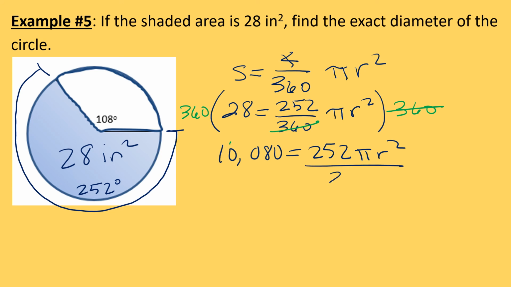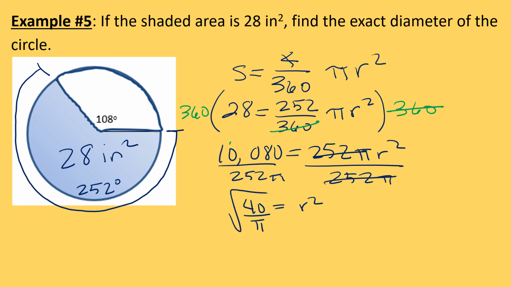So now I can divide by 252 pi. So if I divide by 252, oh wow, I get exactly 40. And that is over pi because I have not done anything with the pi.